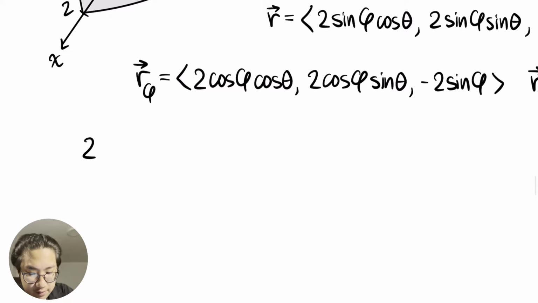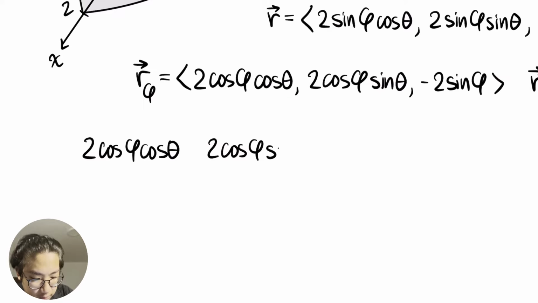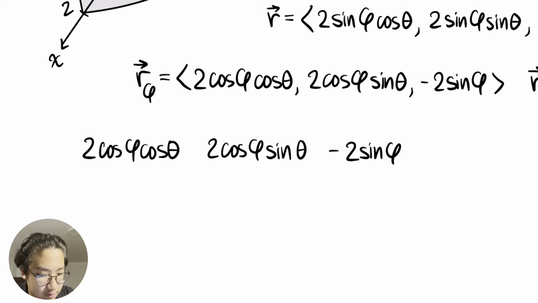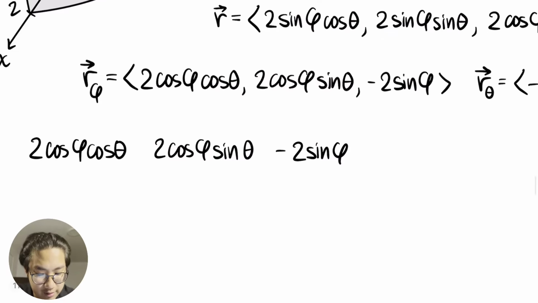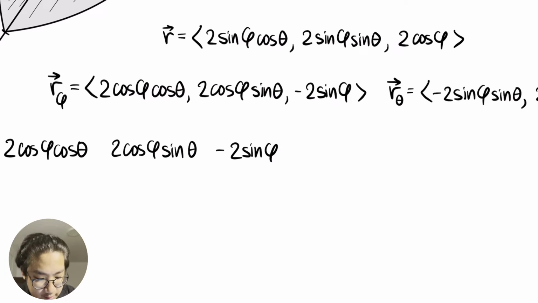So we have 2 cos phi cos theta, and then 2 cos phi sine theta, and then -2 sine phi. Okay, and this time I won't abuse my iPad privileges. I'll just write it out entirely. So here again we repeat.